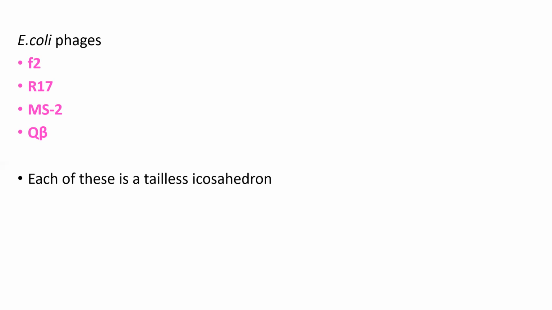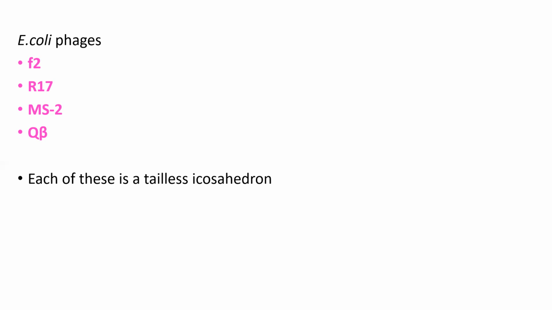Several single-stranded RNA phages have been isolated and studied. Example, E. coli phages F2, R17, MS2, Q beta. All these bacteriophages have single-stranded RNA as their genetic material. Each of these is a tailless icosahedron.